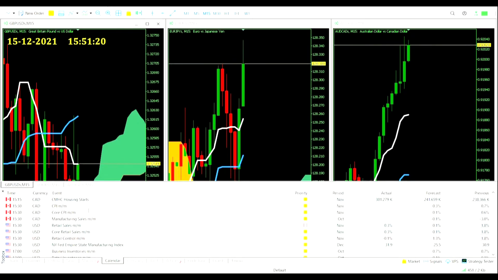We have had some of those economic numbers from 3:30 come through. They haven't updated the CPI month on month here on MetaTrader, but I can tell you it is 0.3%, matches the forecast, so that is down from the previous of 0.7. Not too bad. They have at least printed out the US numbers. Retail sales month on month, 0.3% actual against 0.1% forecast, exactly the same for the core retail sales.